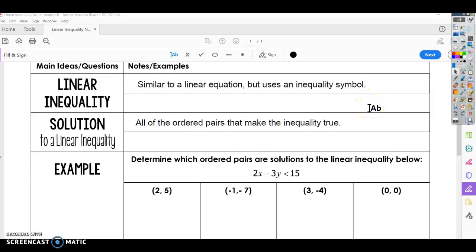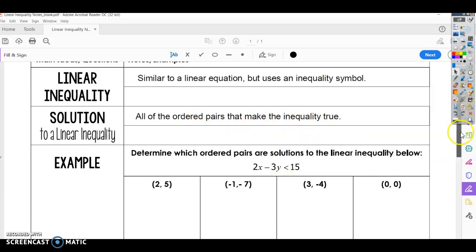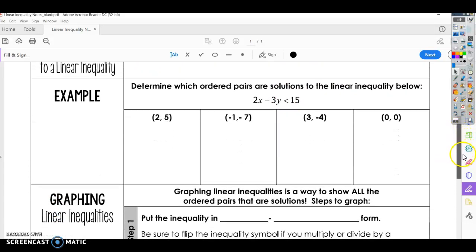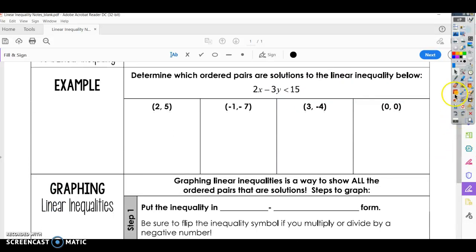For a solution of a linear inequality, it's all ordered pairs that make the inequality true. We're going to check some of these to see what that looks like. To determine if an ordered pair is a solution, we have to take the ordered pair and plug it into the inequality.